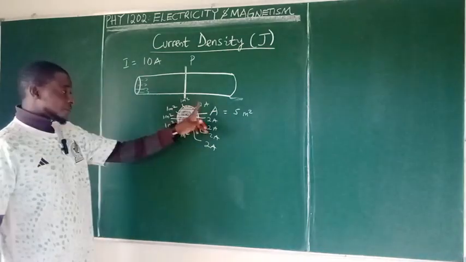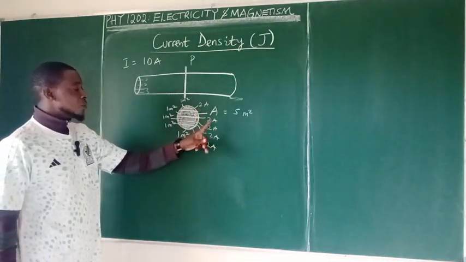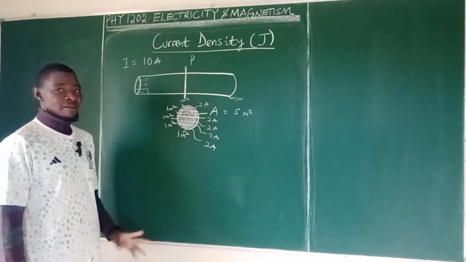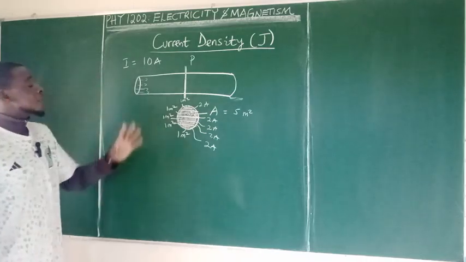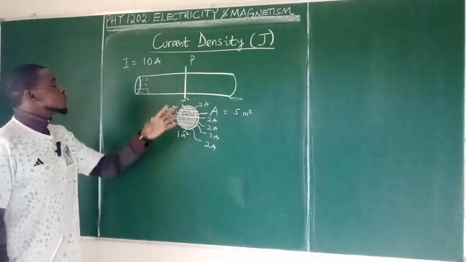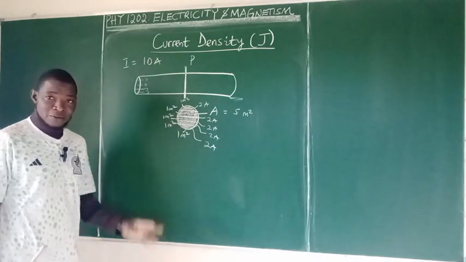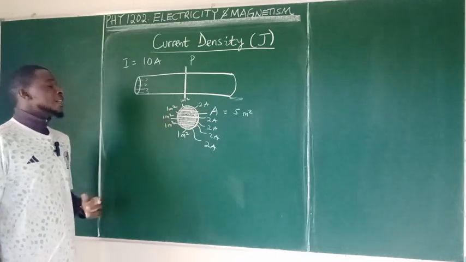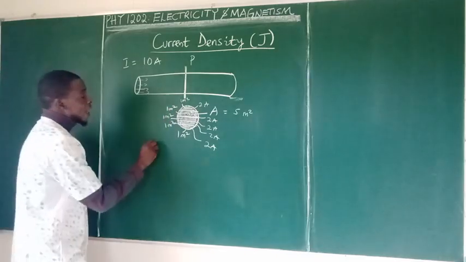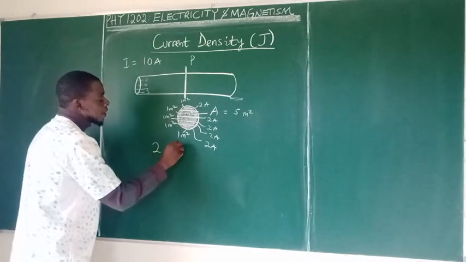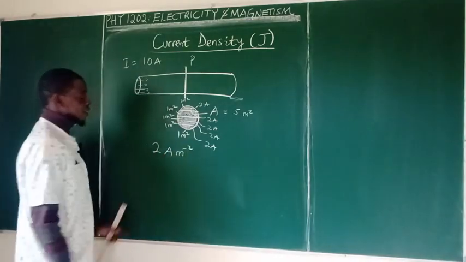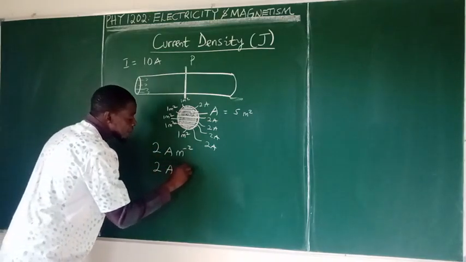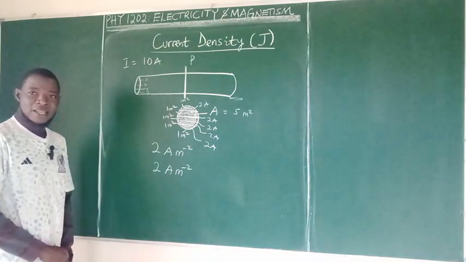Now add this. 2 plus 2, 4, plus 2, 6, plus 2, 8, plus 2, 10. You can see that we divided the current into 5 equal divisions for every 1 square meter area. And this means that I have 2 ampere per square meter. You see that?